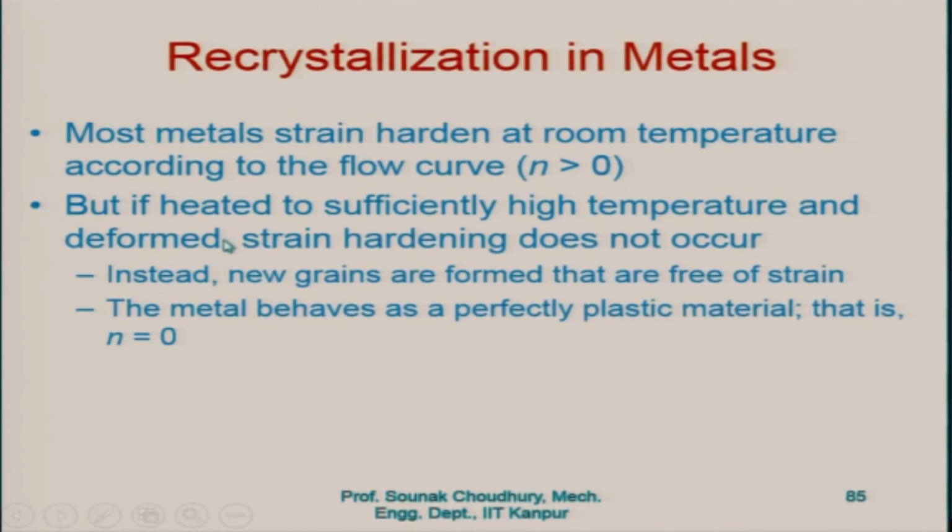This is a very interesting phenomenon, that when at a sufficiently high temperature the metal is heated up and then deformed, the strain hardening does not occur. Okay. Instead, new grains are formed that are free of strain. Okay, normally, the metal behaves as a perfectly plastic material. That is, strain hardening is 0, because it has been heated up to a sufficiently high temperature. All right.